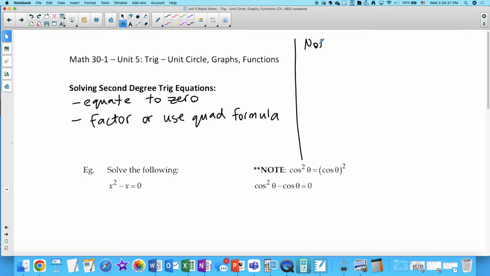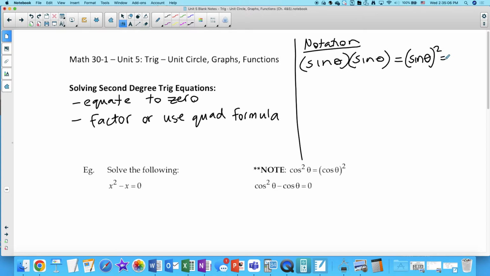That would be quadratic, because I'm taking a trig ratio and multiplying it by itself, degree 2, right? We could write this as sine theta squared. Okay, so far so good. Now here's where the new part comes in. The way that we notate this is sine squared theta. So you need to know that those two things mean the same thing.